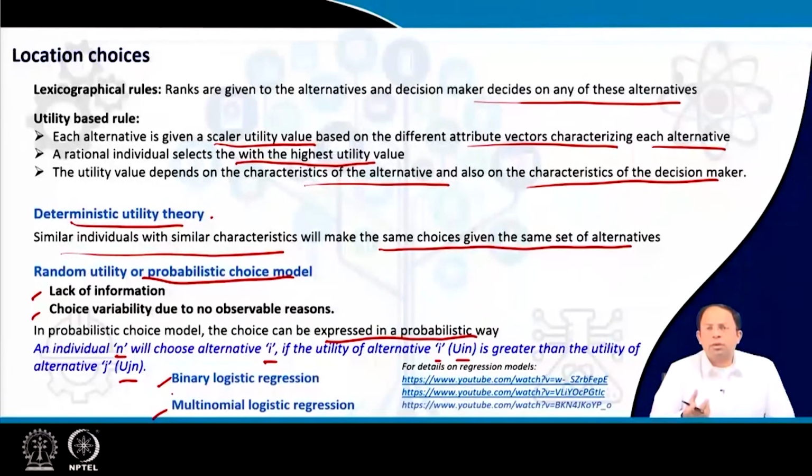How do I measure that particular score, and how can I generate probability? So this you can learn, and I have given some links for these lectures which are already there on YouTube, which you can watch, and using this you can learn the processes that we can use for determining the choices made by a particular individual.